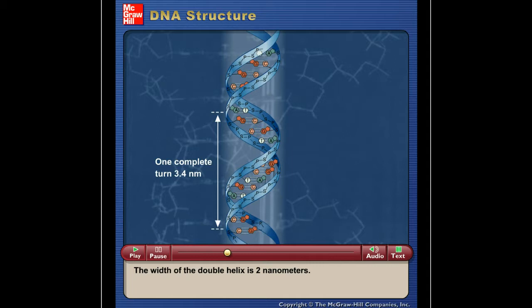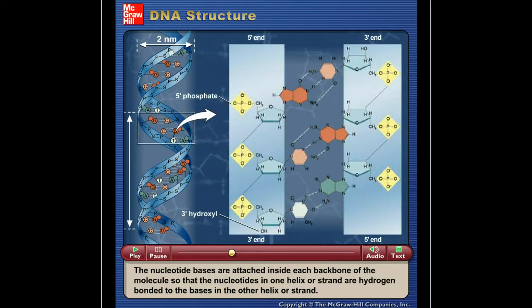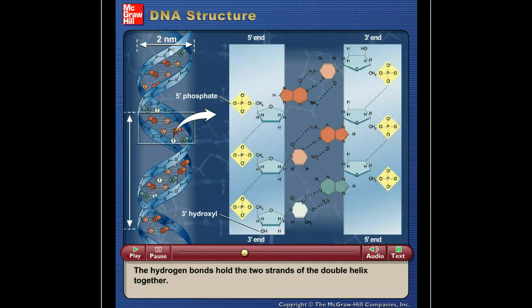The width of the double helix is 2 nanometers. The nucleotide bases are attached inside each backbone of the molecule so that the nucleotides in one helix or strand are hydrogen bonded to the bases in the other helix or strand. The hydrogen bonds hold the two strands of the double helix together.